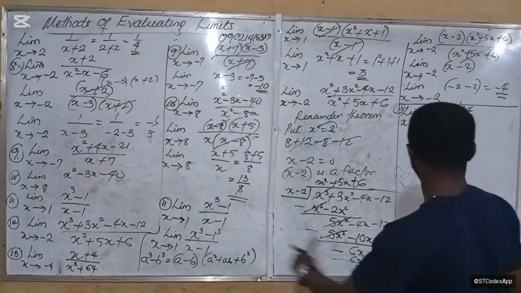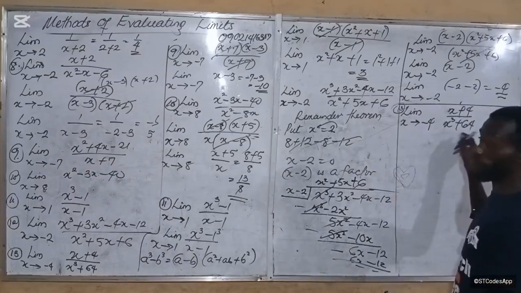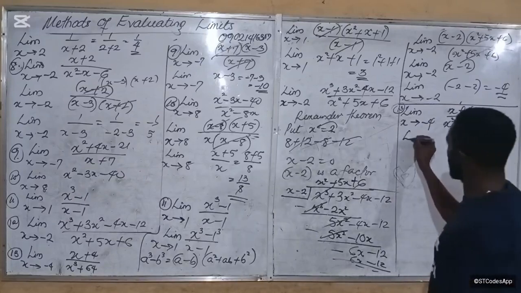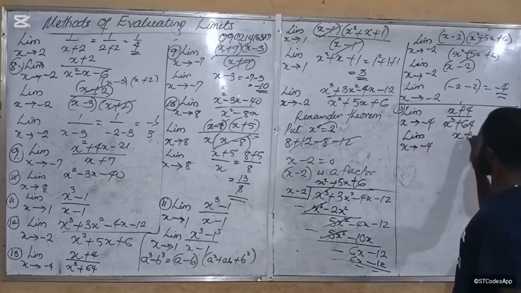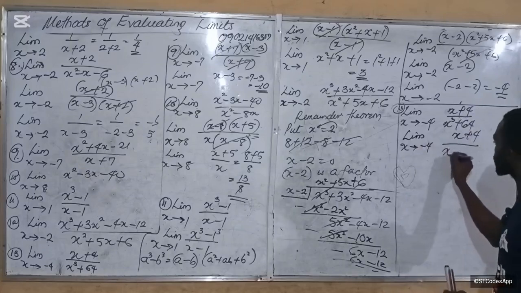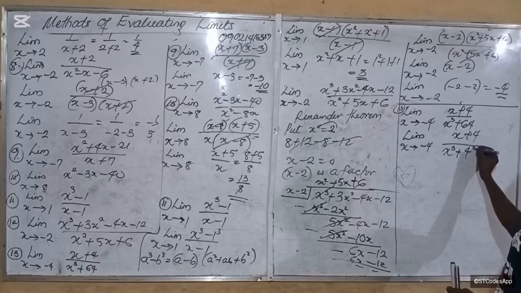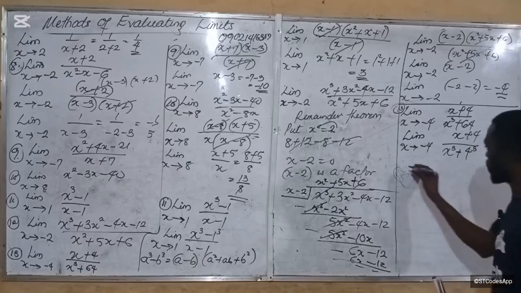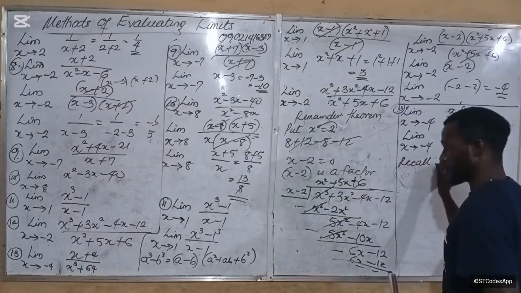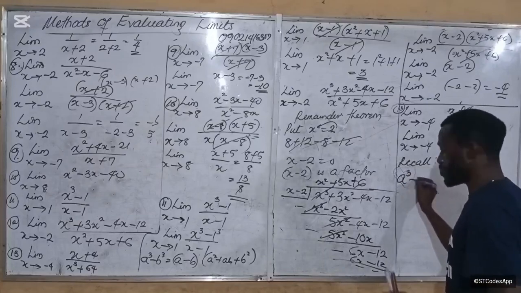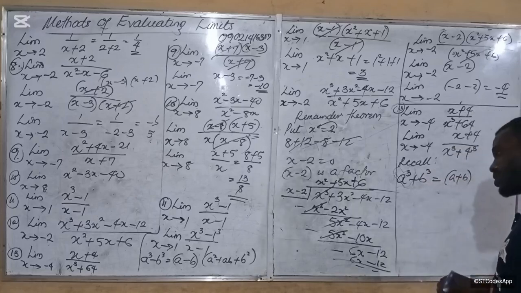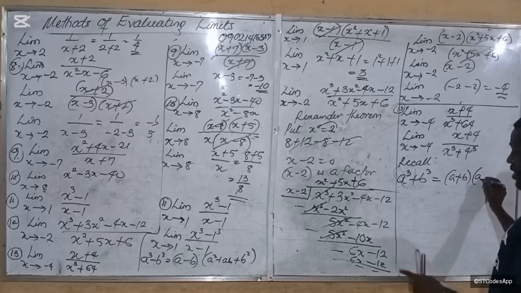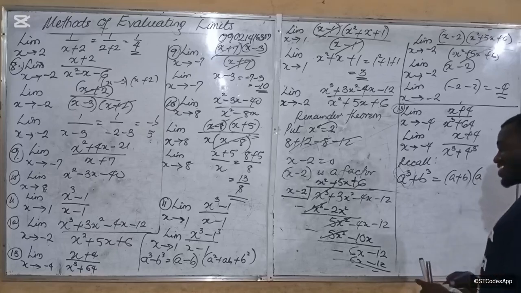Okay, look at this. This will be the positive. So now let me reduce this. This will become the limit as x approaches minus 4 of x plus 4 over, watch this, x raised to power 3 plus 4 raised to power 3. Okay, so recall that a raised to power 3 plus b raised to power 3 will be equal to a plus b into bracket a squared minus ab plus b squared.